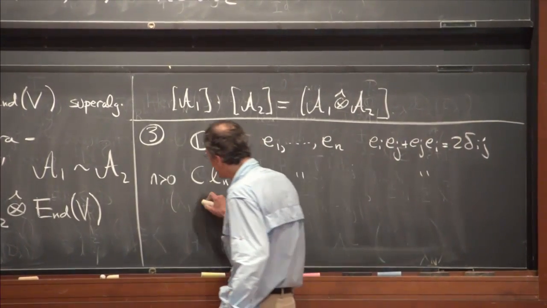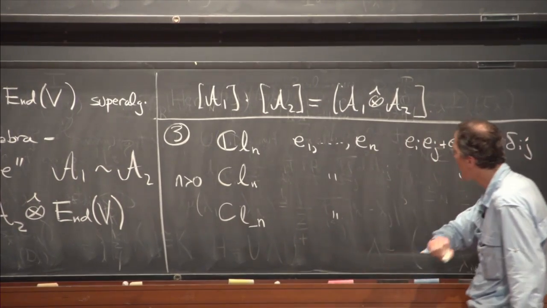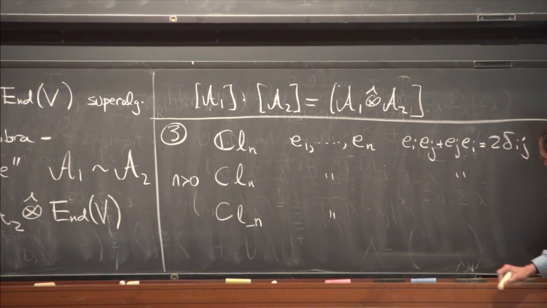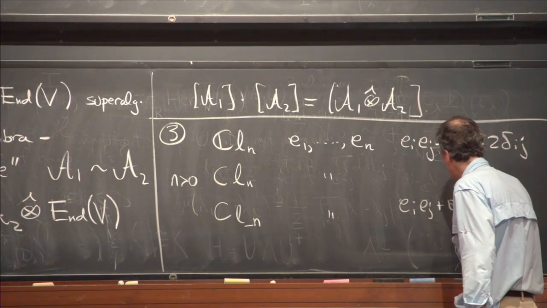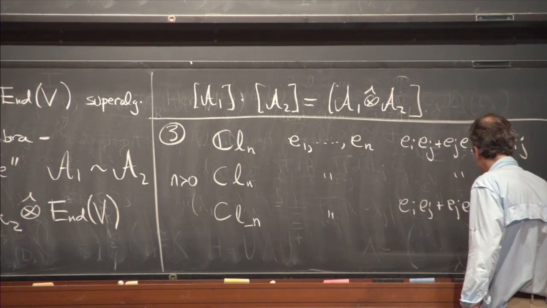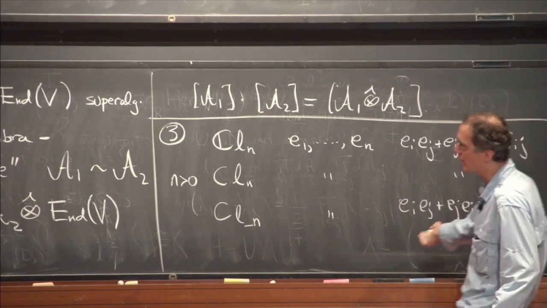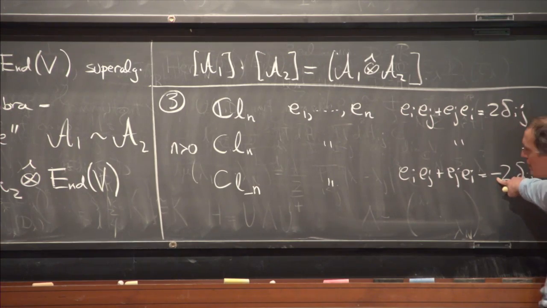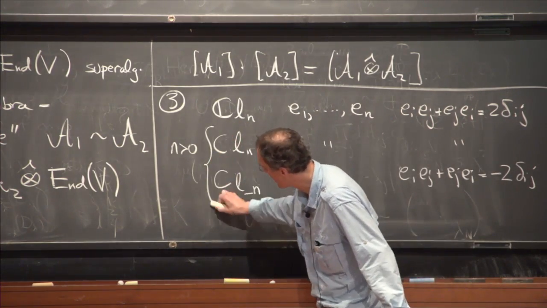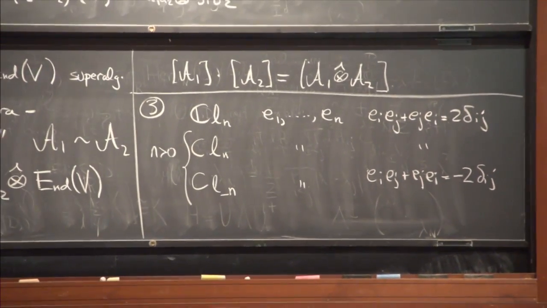But now, you see, there's another real Clifford algebra, Clifford minus n, where again I'm going to have n odd generators, but I'm going to have EI EJ plus EJ EI is minus 2 delta ij. Okay? And this is, in general, a different algebra. I can't get rid of the minus sign because these are real algebras, so I'm not allowed to multiply by the square root of minus 1.